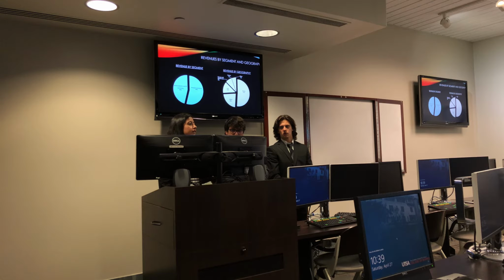So given that they're very diverse in what they offer for their customers, we decided to also analyze the revenues by segment and geography. We thought it'd be pretty cool to analyze where the revenues are coming from. As far as by segment, from the 2 previous categories that I just mentioned, they're relatively close to 46% and 54% for both of them.